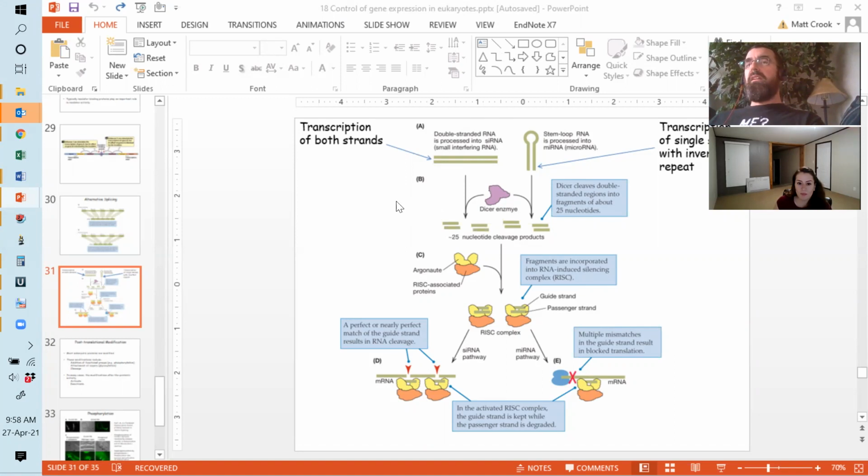And so when that double-stranded RNA is recognized, essentially what happens is an enzyme called Dicer, which is specific to double-stranded RNA, recognizes that double-stranded RNA and cuts it into small bits.